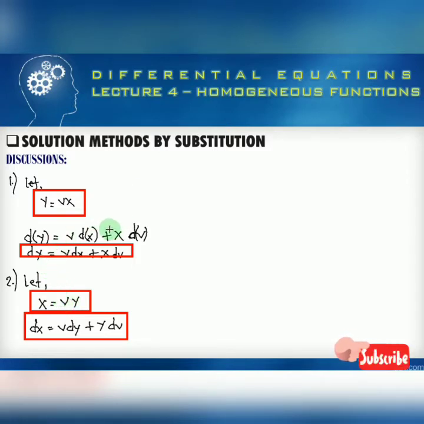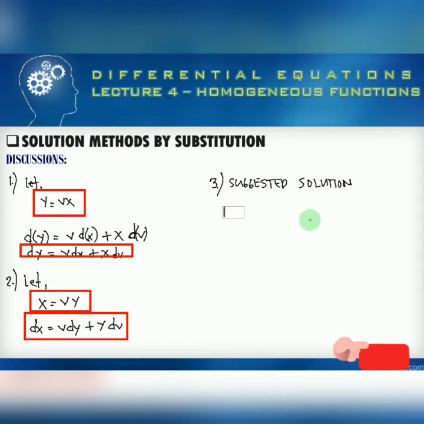And for our third method, we have here the assumption, which is our suggested solution. You may opt not to use the first or the second.